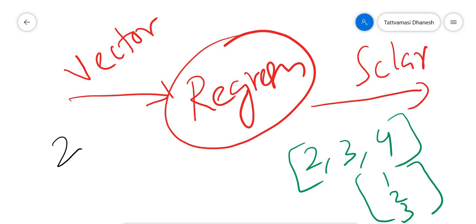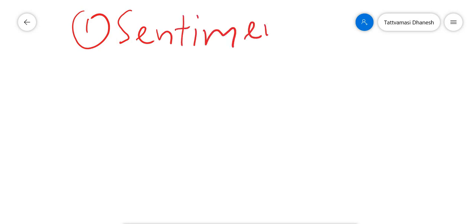Now I will discuss some use cases to get more clarity on how we use differentiable functions to map data. The first use case is sentiment analysis. You may be familiar with this use case.